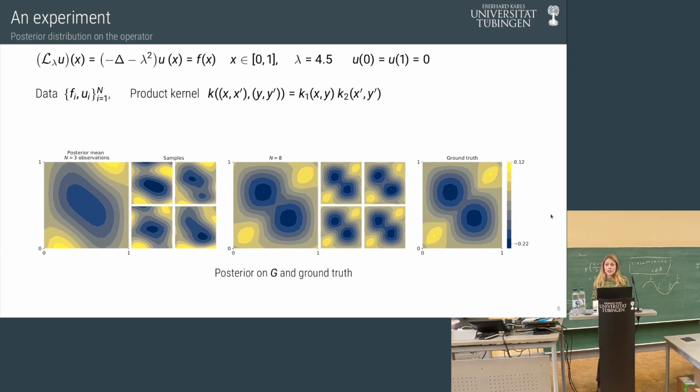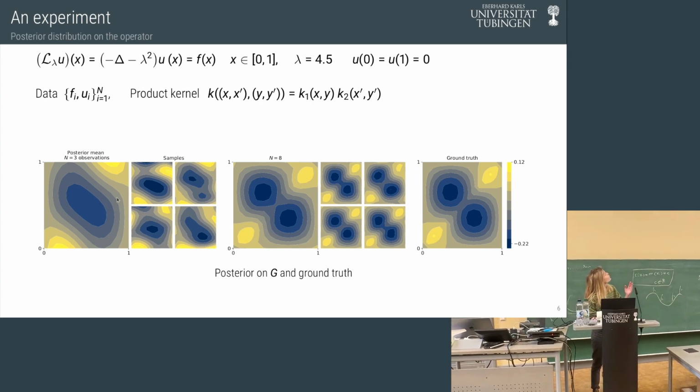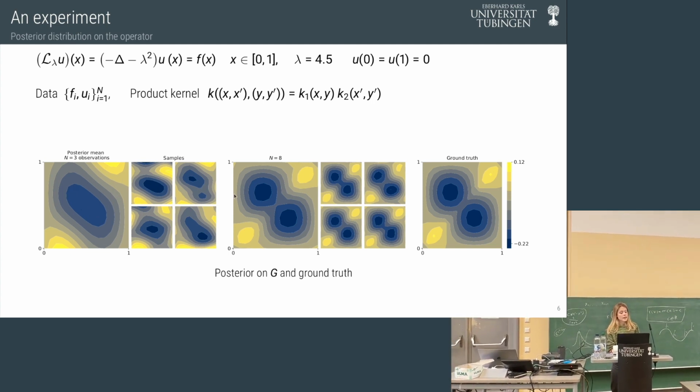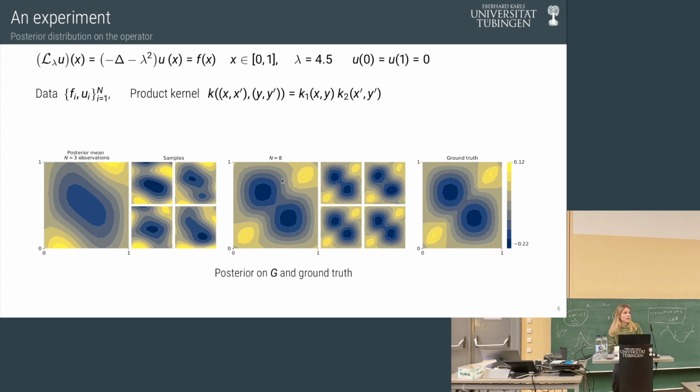Here on the right, you can see the true solution. Moving to the left, you have the approximation, or the mean, after 3 observations, and here after 8 observations. Since this is a distribution over the Green function, it also comes with some variance. To visualize it, I just draw samples from it.